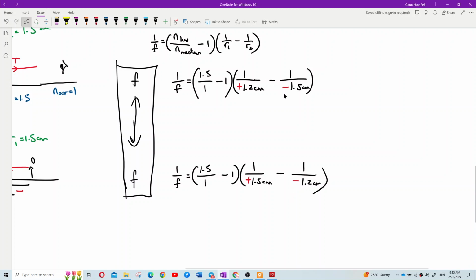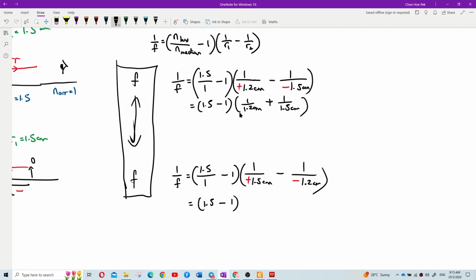Let's work out the first lens focal length. 1.5 minus 1, times 1 over 1.2 cm, negative means positive, plus 1 over 1.5 cm. Below here, it is 1.5 minus 1, times 1 over 1.5 cm, and the negative also becomes positive, 1.2 cm. This one is 1 over 1.2 plus 1 over 1.5, and this one is 1 over 1.5 plus 1 over 1.2.